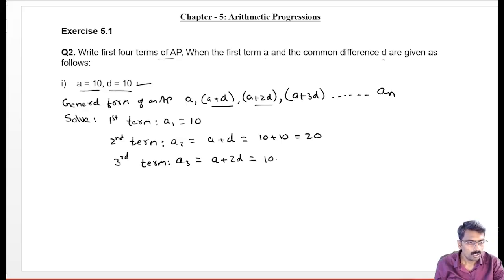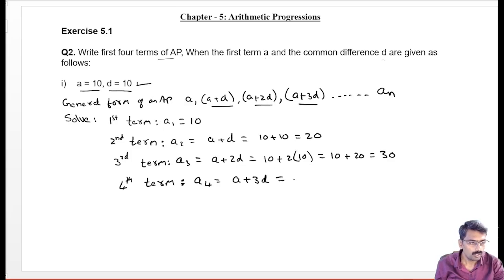So that is 10 plus 2 times 10, that is equals to 10 plus 20, which is 30. And the fourth term a4 is equals to a plus 3 times common difference, which is the form, that is equals to 10 plus 3 times 10, which is equal to 10 plus 30 will be equal to 40.